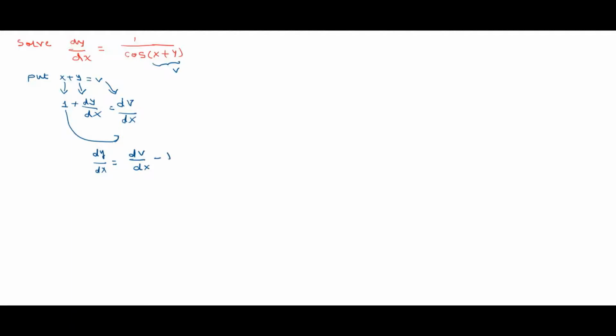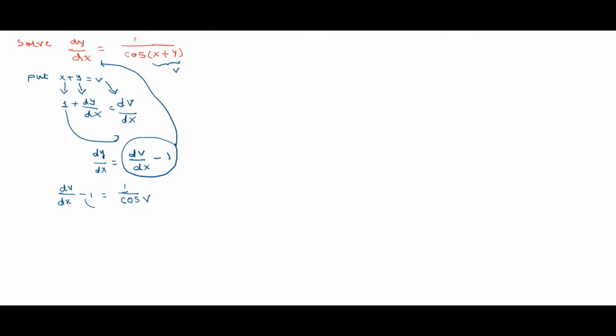You have to substitute this value of dy by dx in the given equation. So if you substitute in the given equation, we get dv divided by dx minus 1 is equal to 1 divided by cos v, because the value of x plus y is equal to v.